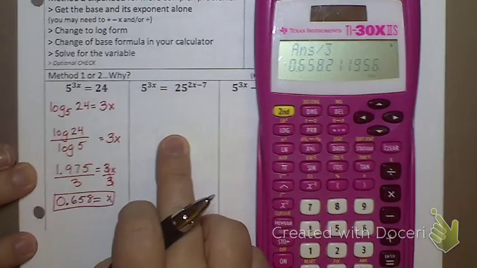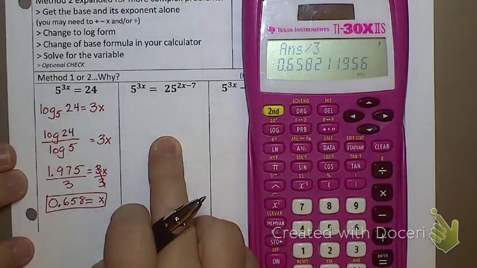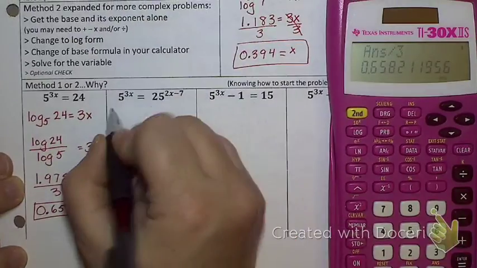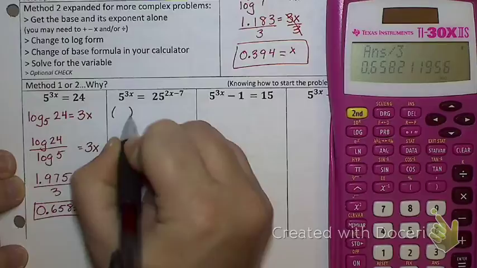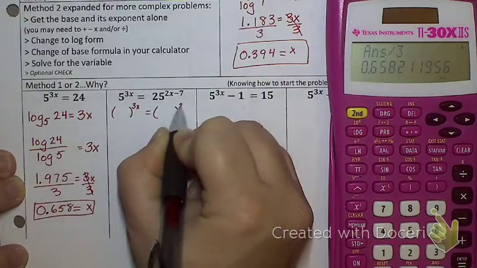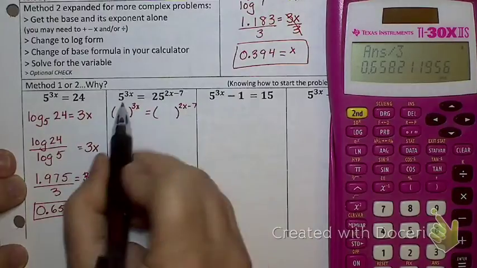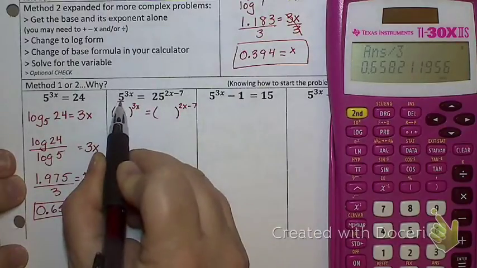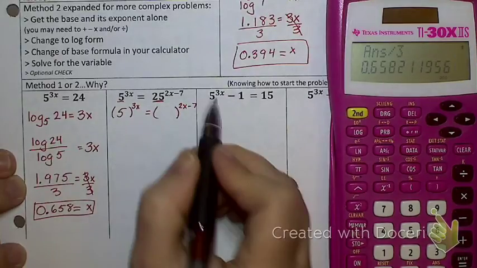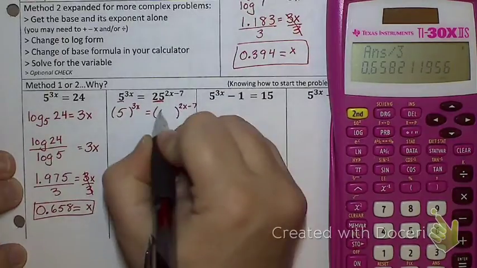Which method would I use here? I can get the matching bases, can't I? So let's see. I have something to the 3x equals something to the 2x minus 7. Do I need to change this 5 at all? Nope. So I'm just going to leave it as 5. What about 25? Has to be 5 squared.